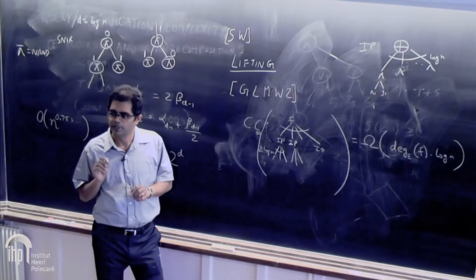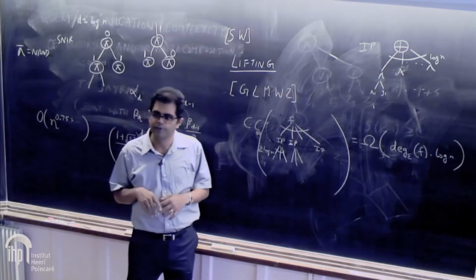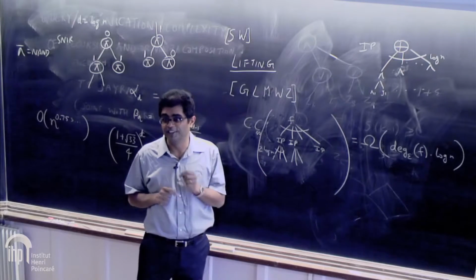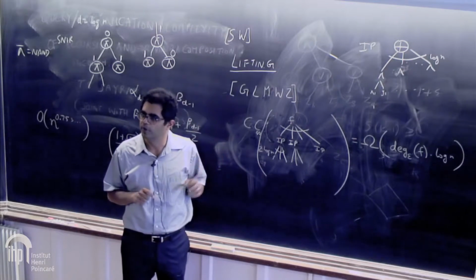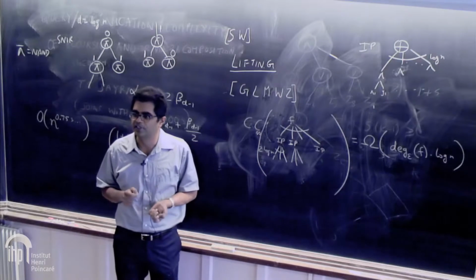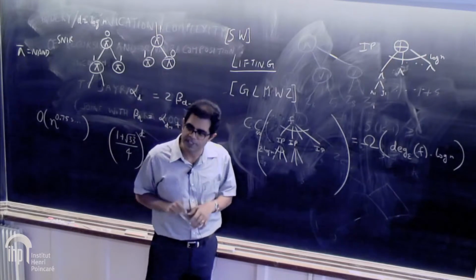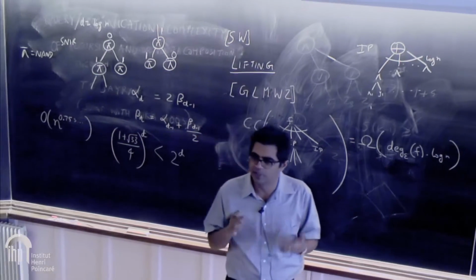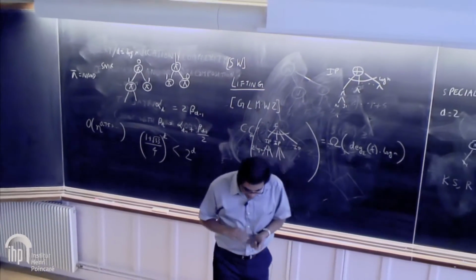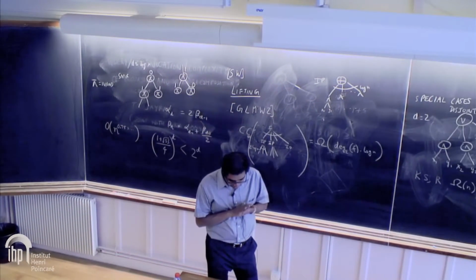So I'm showing it assuming that the error is very, very tiny, so that I get a good lower bound. But I'm normally interested in constant error, so that's when amplification can be used. Okay, so you use another log n factor. Yeah, my bad. Okay.